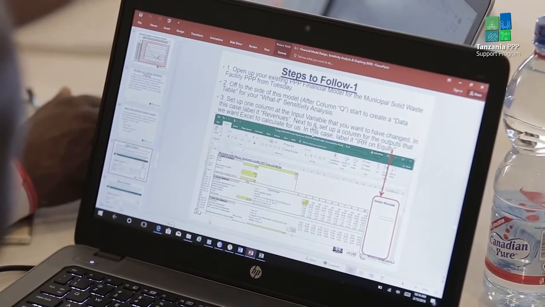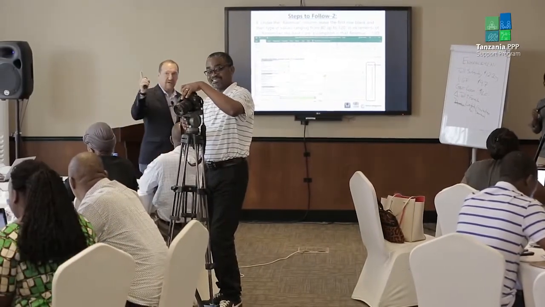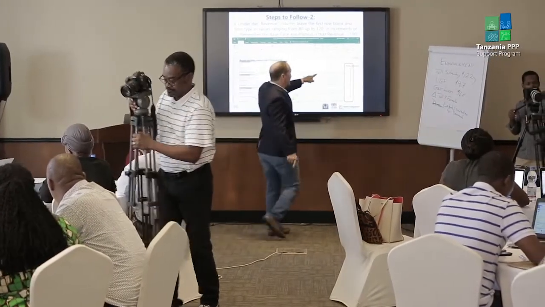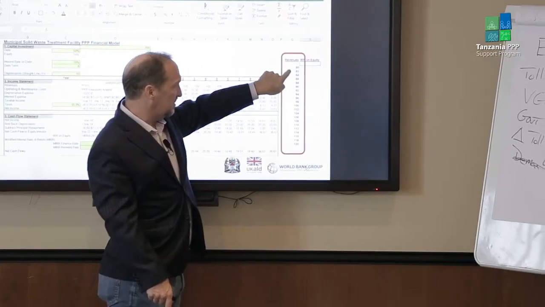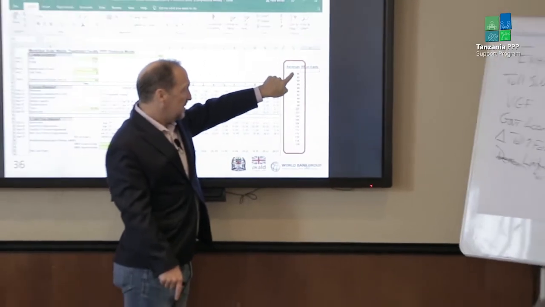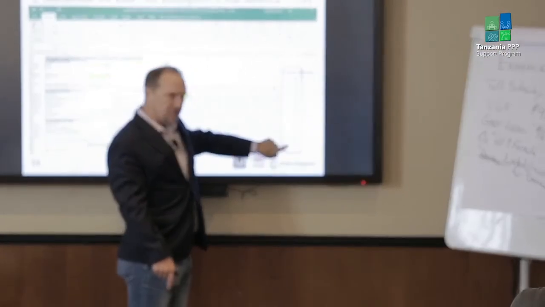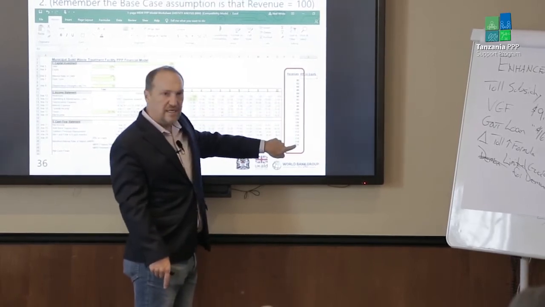Step number 4. This is important. Under the revenue column, very important, leave the first row blank. See how this one is blank? Underneath that, starting with the second cell underneath revenues, fill in the range starting from 80 to 120.